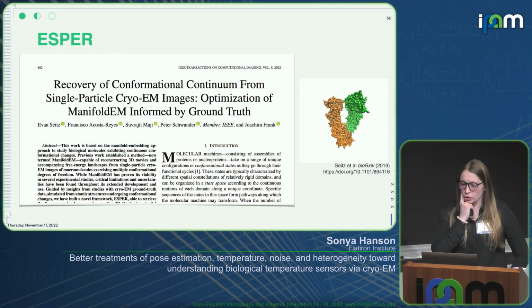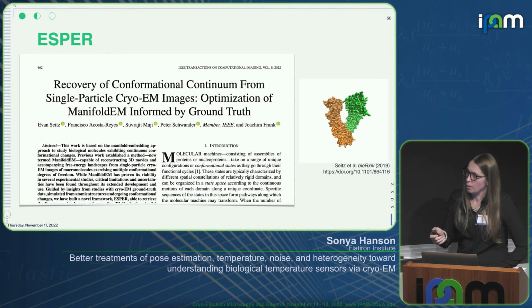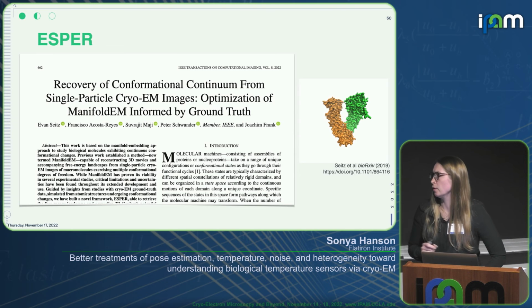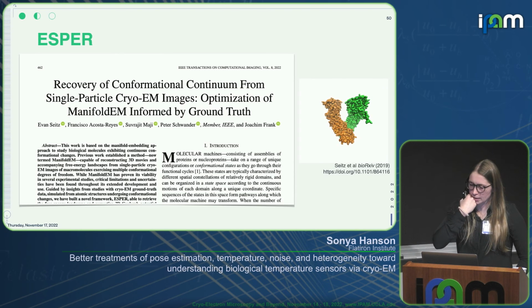And so furthermore, Evan Seitz, who recently graduated from Joachim Frank's group, has proposed optimization to the manifold embedding method based on a simulated data set, which Pilar also talked about, and you can find a description of in the bioRxiv of this HSP90 data set.